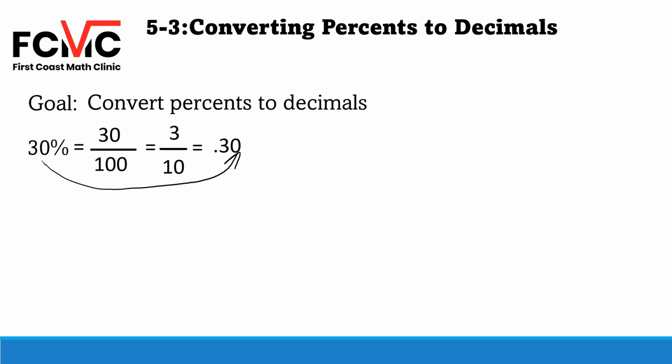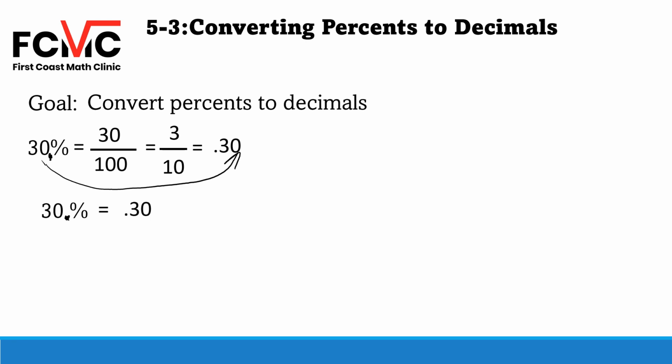Well, we know that in any number, our decimal is all the way to the right here. So when we don't have a visible decimal, our decimal is all the way to the right. So if we've got that 30% here, we know our decimal is all the way to the right.